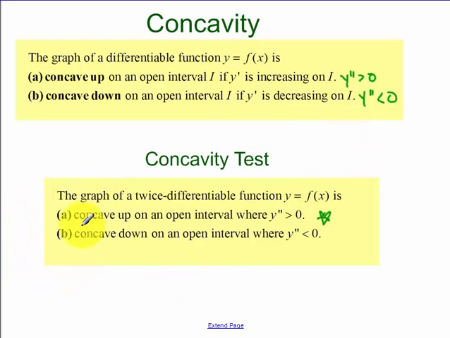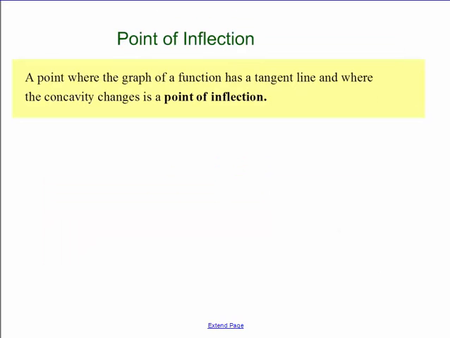Okay? Remember that concavity happens on an interval. Keep that in mind, the concavity of your graph is happening on an interval. Now, a point of inflection, this is really important, is where the concavity changes.